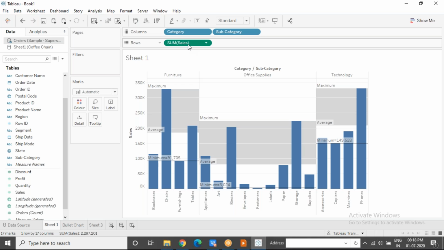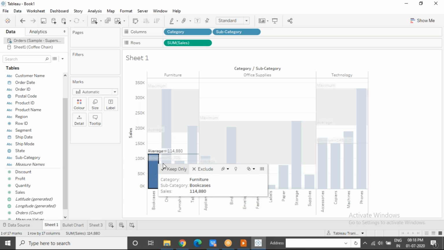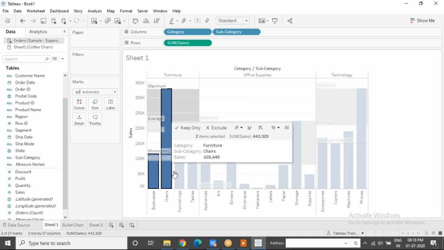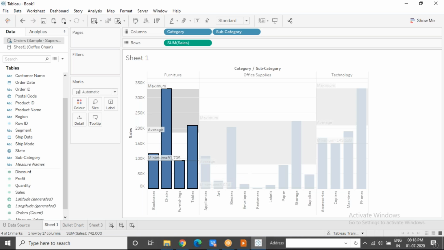Though we are looking at sum of sales, we are aggregating it because from four different sum of sales values, we are picking up the minimum of that. We are taking the average of these four sum of sales values. We are checking what is the maximum of these four sum of sales values.